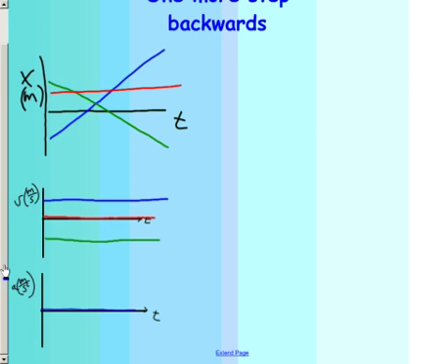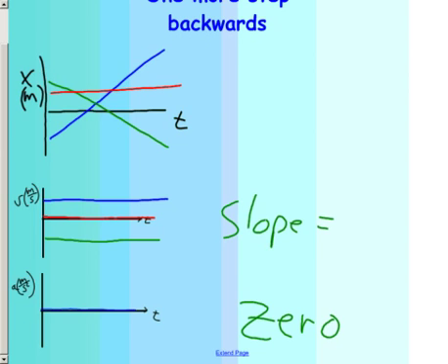Here we go. Acceleration is 0. What does that mean? That means my slope, whoops, that's a z. It means my slope equals a constant. And what does that mean?